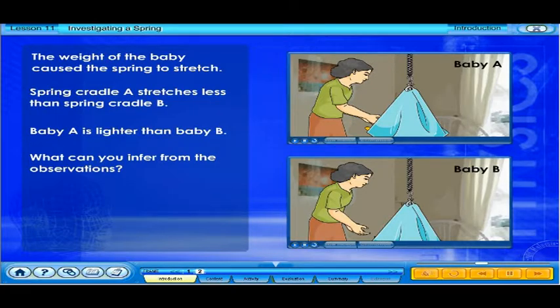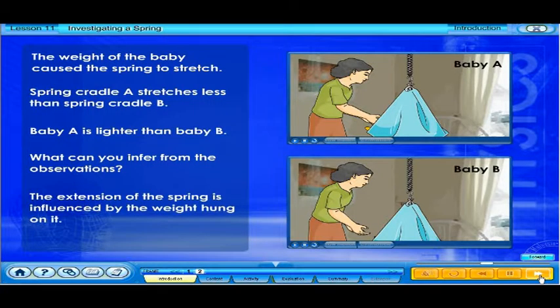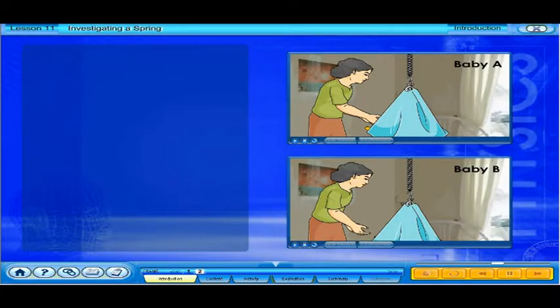What can you infer from the observations? The extension is influenced by the weight hung on it. What are the variables involved?